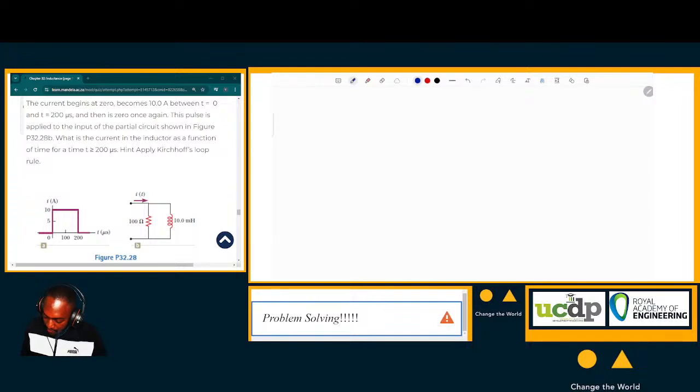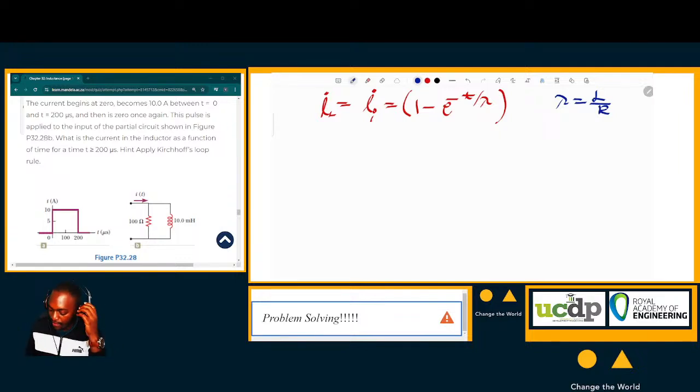So the expression that we have here, I'm just going to write it down. I've already shown it earlier. Our expression is I equals I initial times 1 minus exponential negative t over tau. That's for exponential because remember we said tau is equals to L over R. So if I substitute that, that's how it becomes. So which means that for time t greater than 0 but less than 200, what is our, sorry, there's no equal sign there.